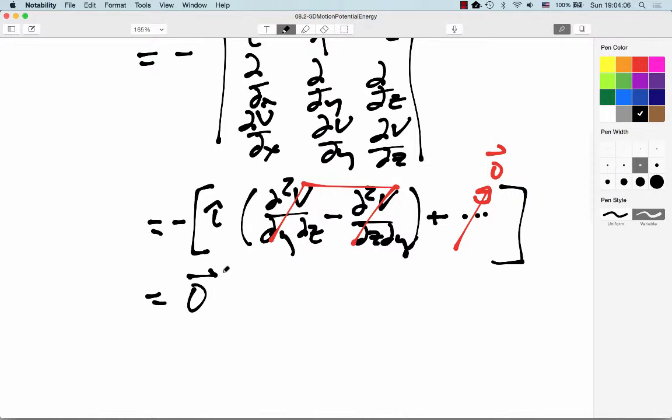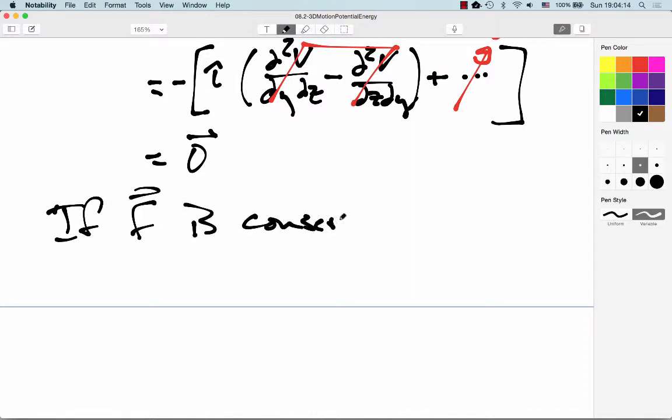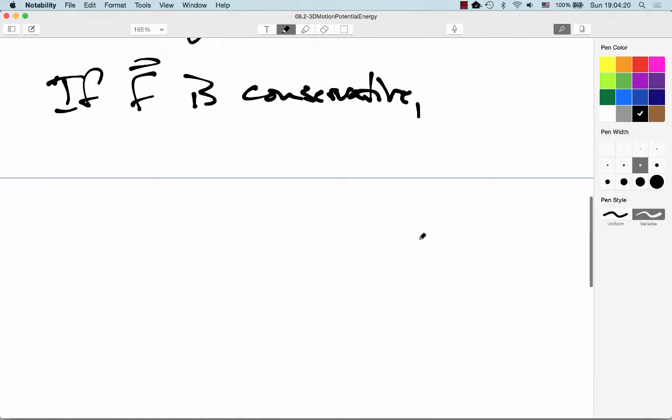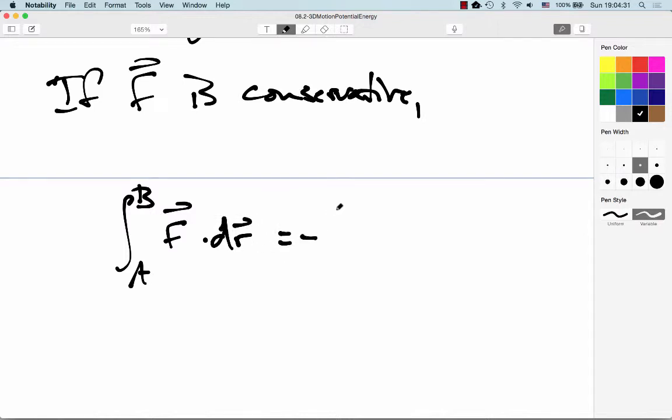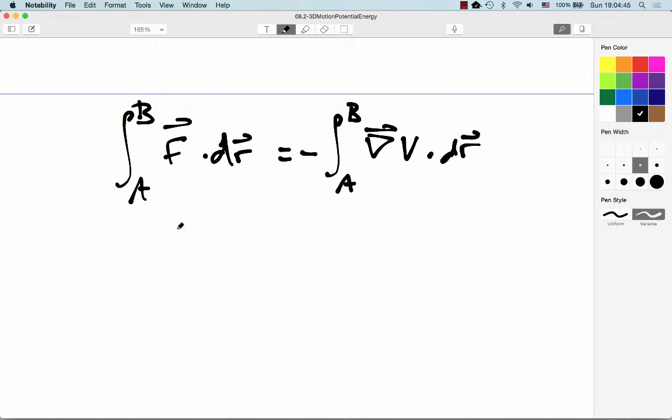So, following along with that thought, let's say F is conservative. We already know that the integral from a to b of F dot dr, so that's the work, will be equal to the negative of the integral from a to b of grad V dot dr. And so we can go ahead and do this out slotwise.